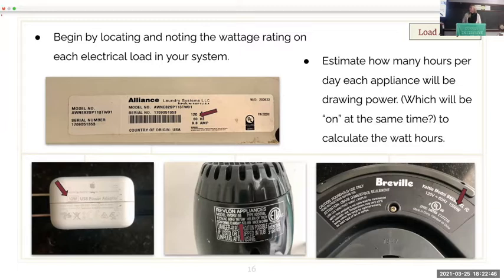But basically what you do is you go around and find all the appliances in your house and check the wattage ratings on them, and you add that up and estimate the amount of time that you are going to use each appliance and add that up, and that's going to give you your total watt hours. Those are like a washer, hair dryer, stuff like that. Some examples.